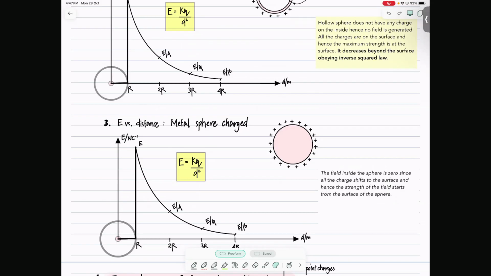So potential is the end of electric field.